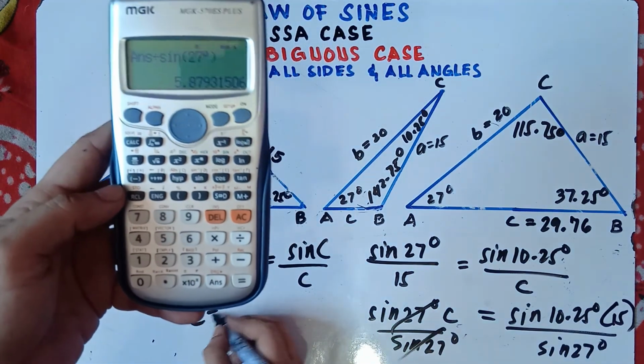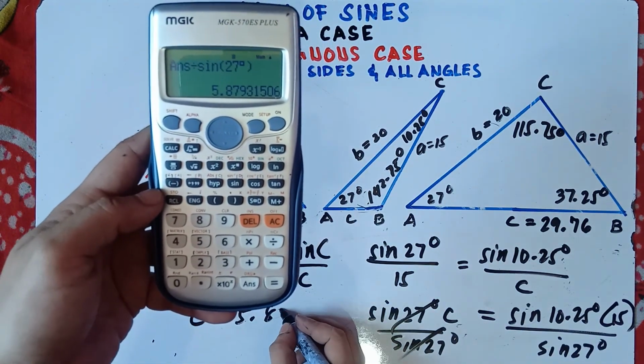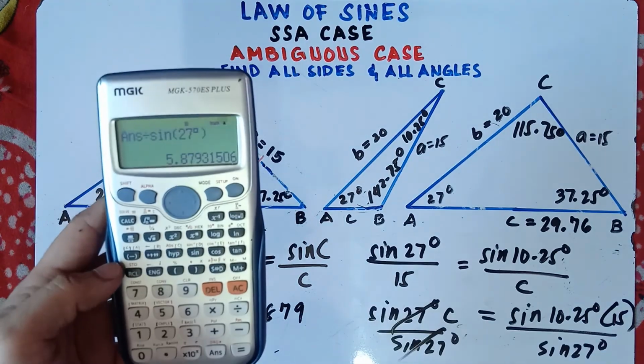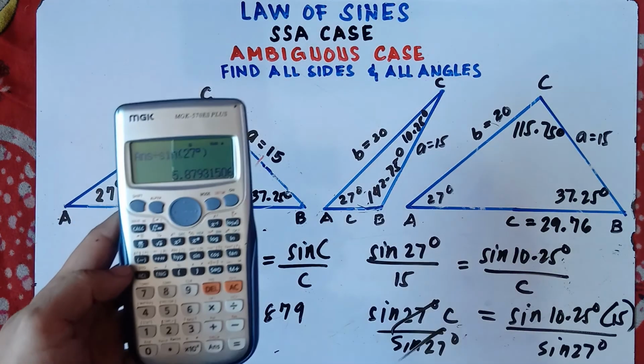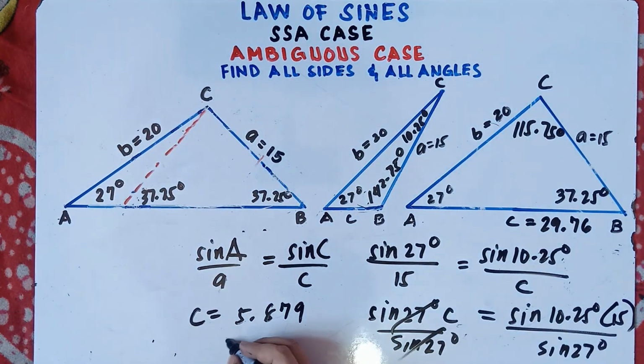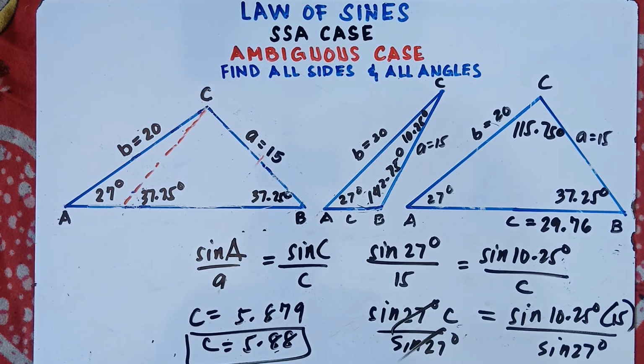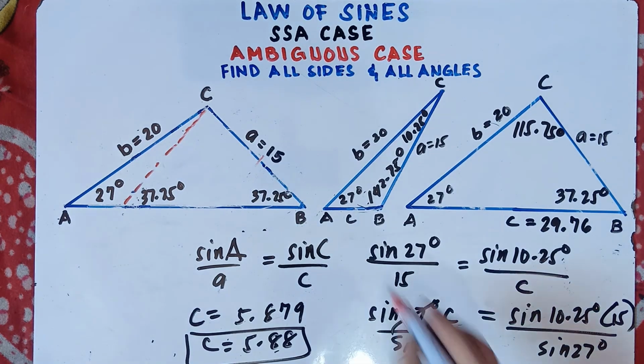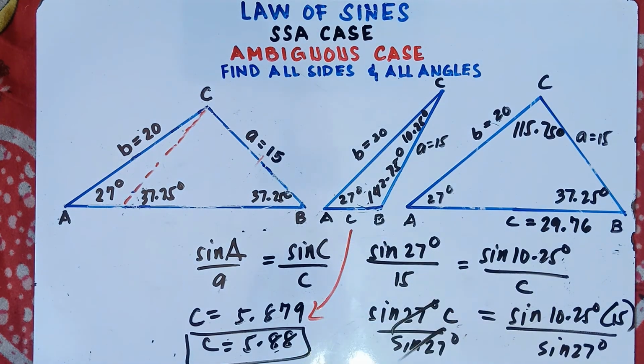So C is equal to 5.879. After the 7 is 9, so we can round up. So this will be 5.88 for C. That's it, class. So this side right here is 5.88. I do apologize, class, we don't have enough space for this one.